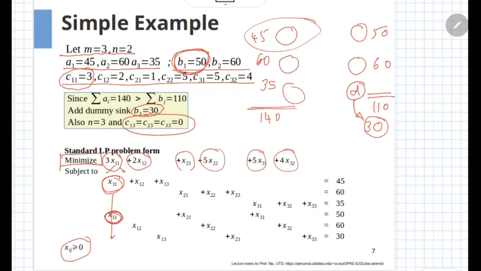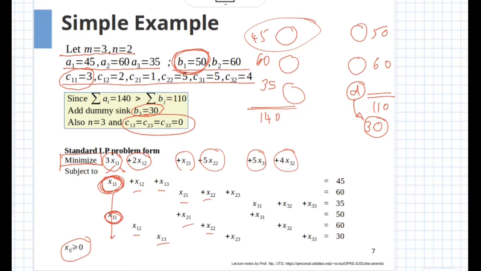So you have this particular non-zero number which does not qualify x11 as a pivot. Similarly, none of the variables are pivoted. So this is not in the canonical form. You have to first bring it to canonical form and then solve the linear programming problem. That involves a lot of computation, and there are better techniques which are specially evolved for the transportation problem.